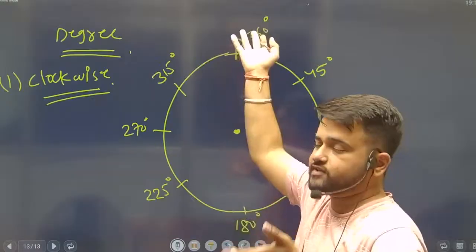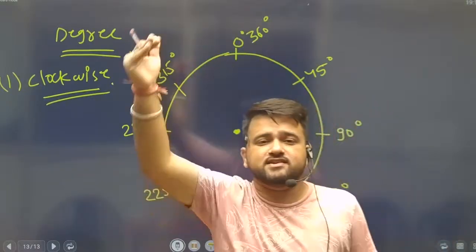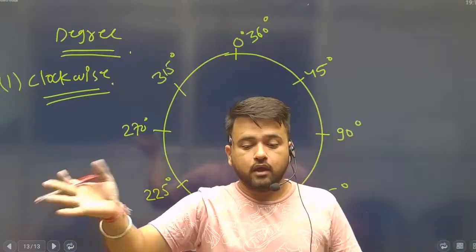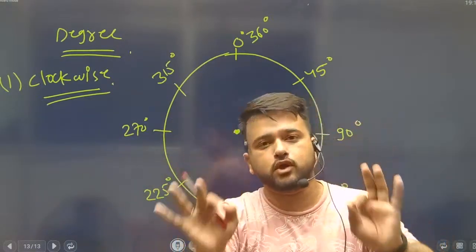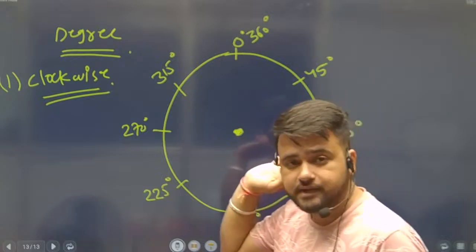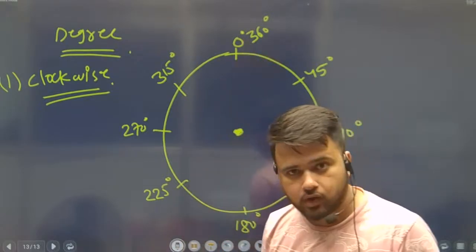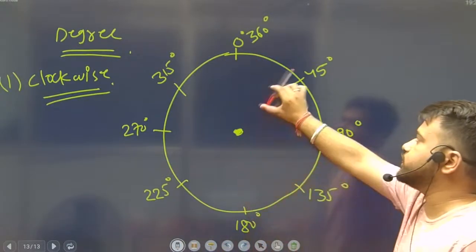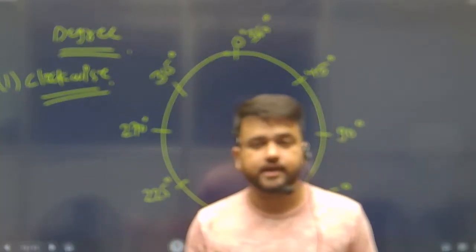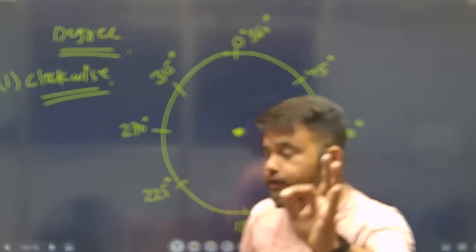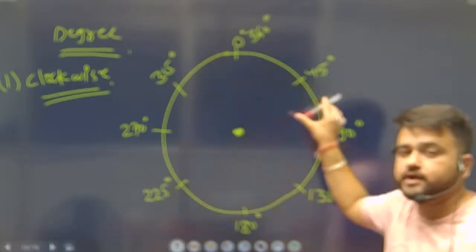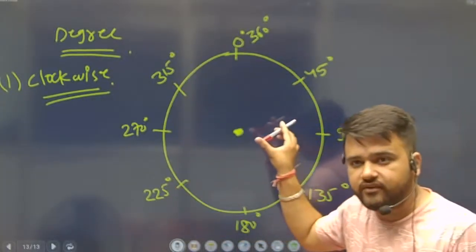Obviously north is upside. A person is in the north side and moving towards 45 degrees. Let's suppose the examiner asks a question: you are in the center, facing towards the north direction, and you are turning towards 45 degrees.